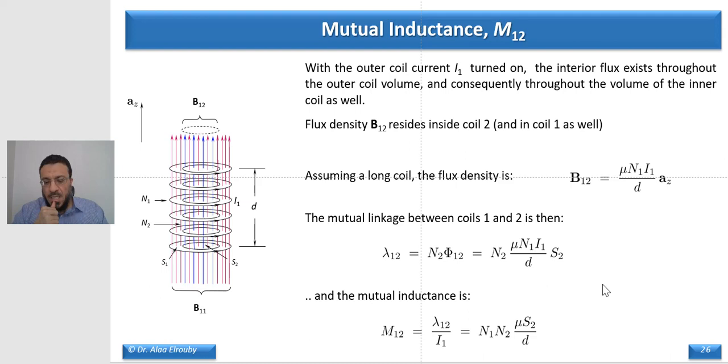Now let us calculate M21, which is the linkage of the field caused by inductor 2 linked to inductor 1.